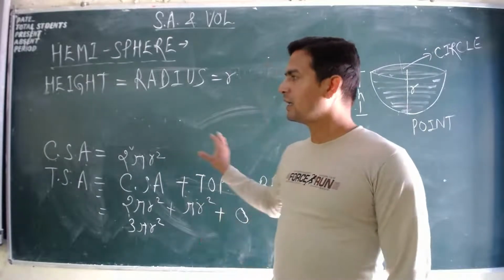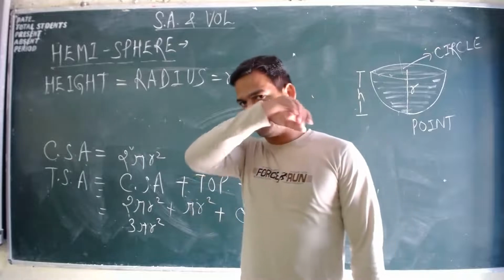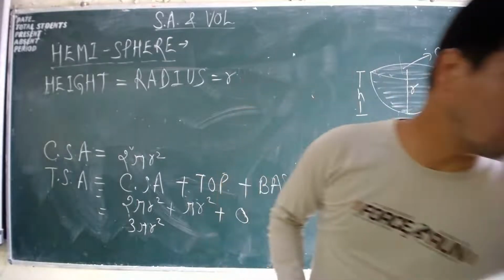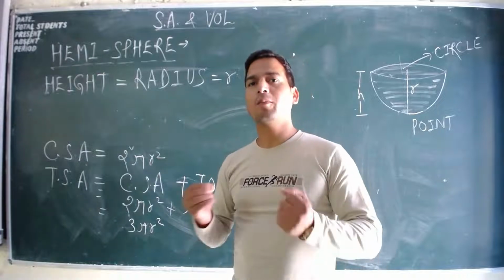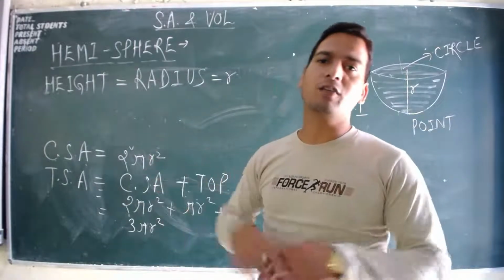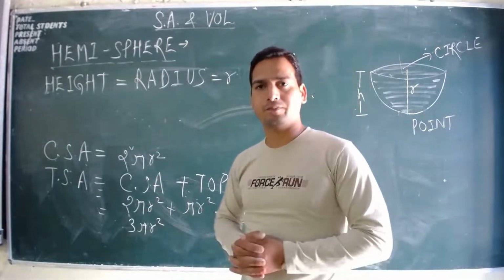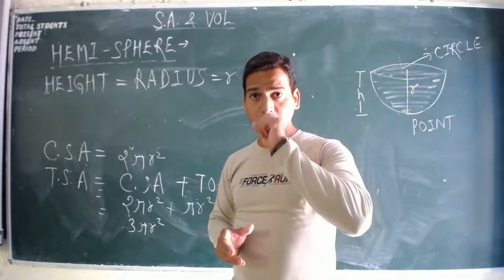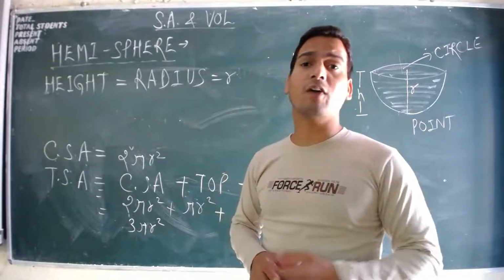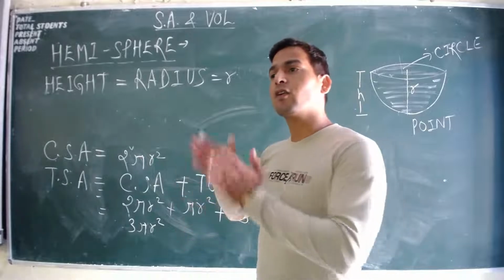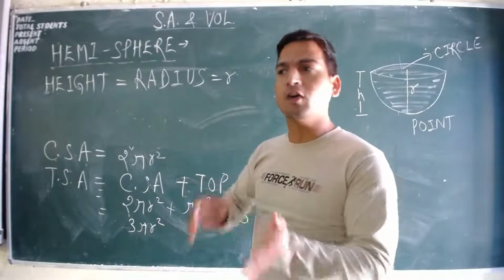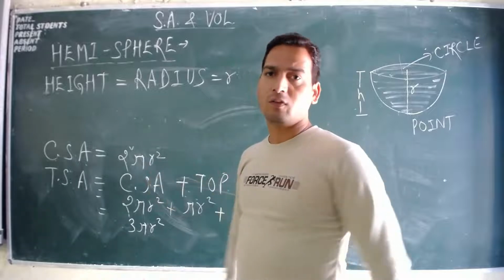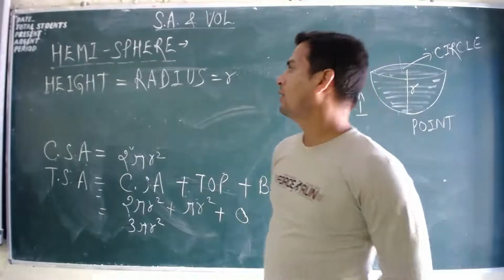Clear? In the 10th standard, you are not given only a single shape. You are given a combination of shapes, and for that you have to find the area of a combination of shapes, or the volume of a combination of figures. Okay.